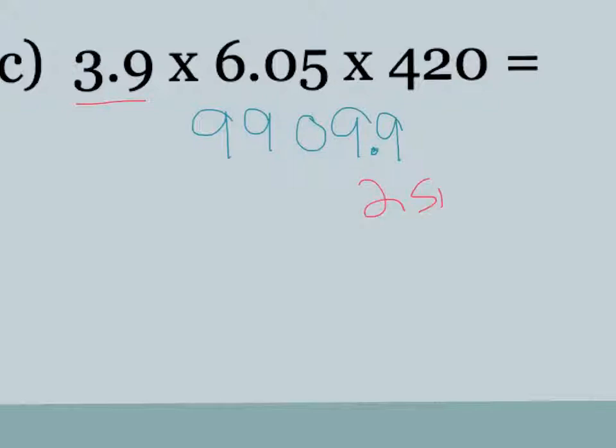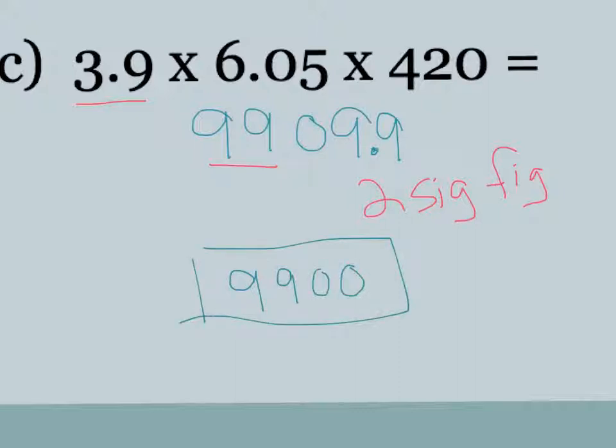So that means I'm going to round at the very beginning. The only two sig figs we're going to have are the first two nines. The next number is a 0. That means I don't round up. I simply put 0. So, it will be 9,900 as our correct significant figure value.